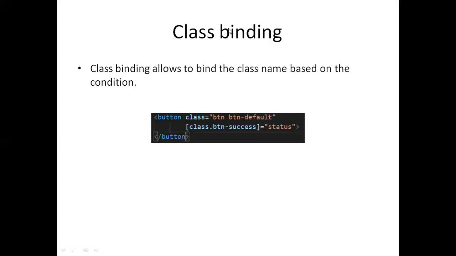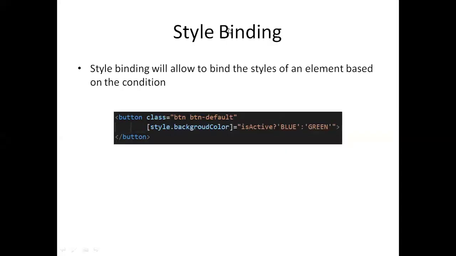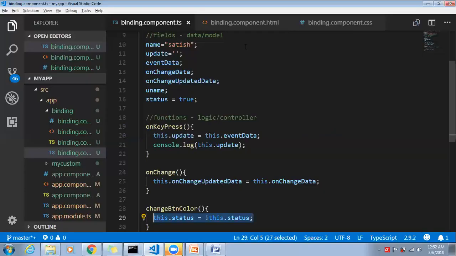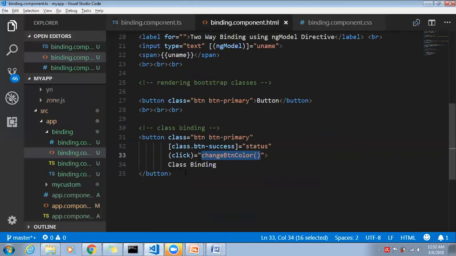The next one is style binding. It is similar to class binding, but you can bind a single style property based on a condition. So you can take one more element. I'm going for br, br, br.